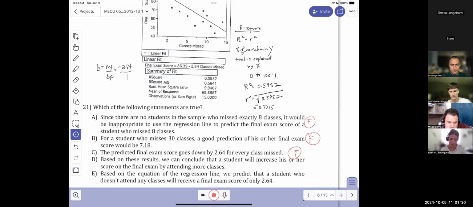It doesn't mean that you're going to do poorly if you miss classes necessarily. I want to discourage you from missing classes, but in fact, this is just a correlation. Correlation does not imply causation.